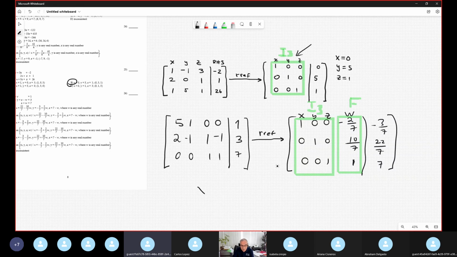For example, X alone is equal to minus 3 over 7 plus 2 over 7 W, no? Because I write that, however, this is minus, I move to the other side like a positive, no?